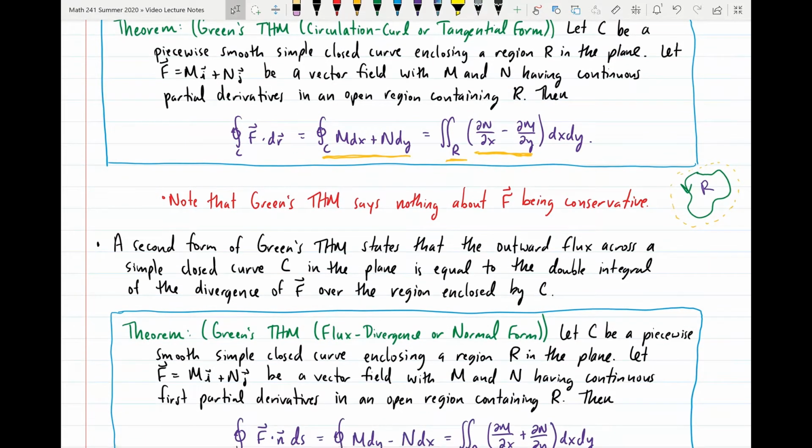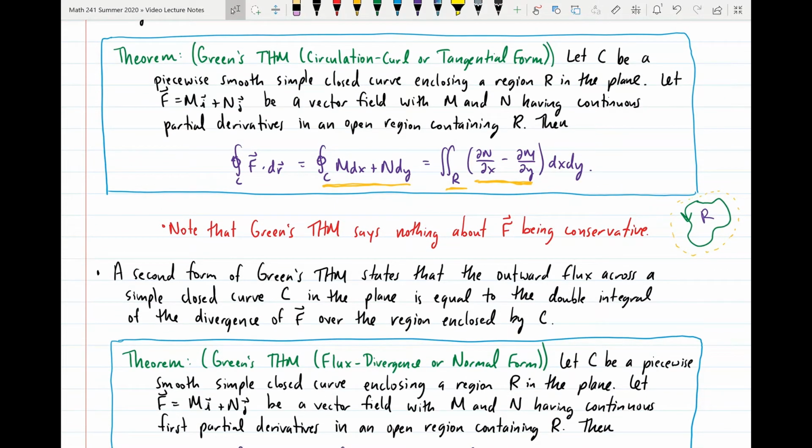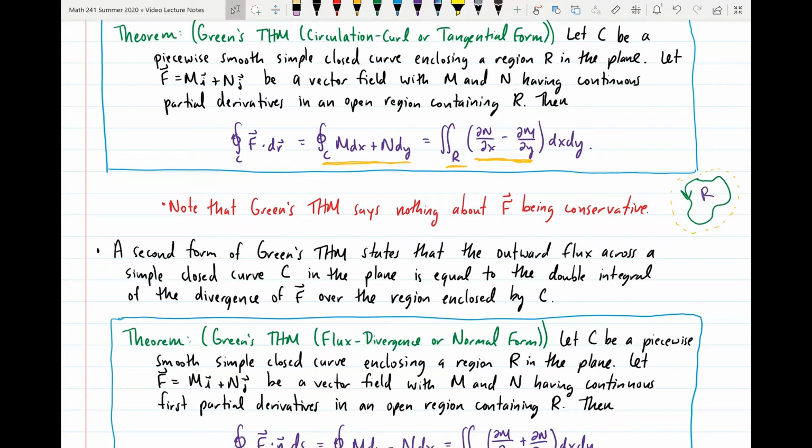So note that Green's theorem says nothing about F being conservative. In the last section, section 16.3, we found that for conservative vector fields, there are more convenient ways to evaluate line integrals. In particular, we can find a potential function and then evaluate that potential function at the points at the beginning of our curve and at the end of our curve.